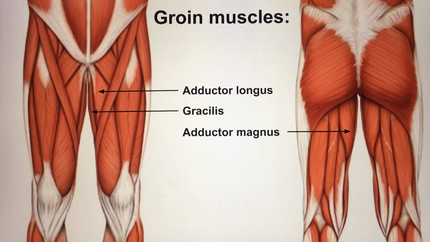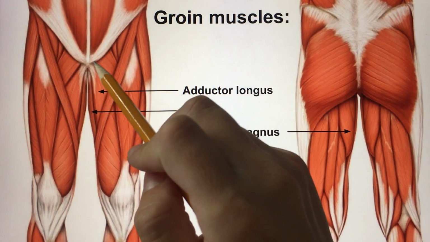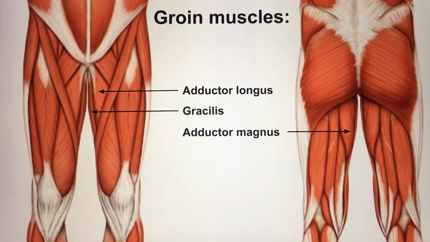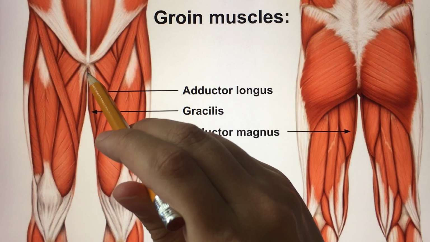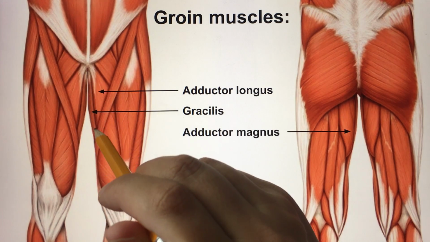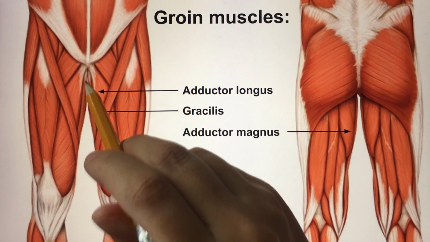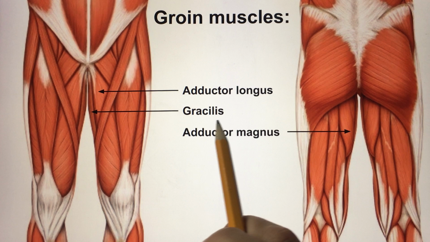Okay, last group of muscles in the upper leg region are the groin muscles. The groin muscles are going to be located right here between the legs in the groin region. If you touch your legs together, the muscles that touch together under the skin and fat, of course, this muscle is called gracilis.